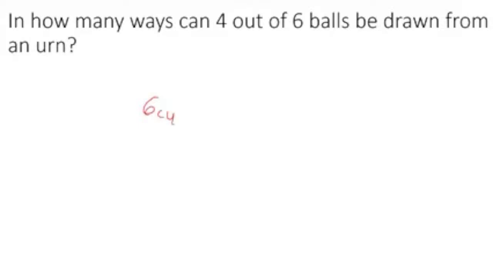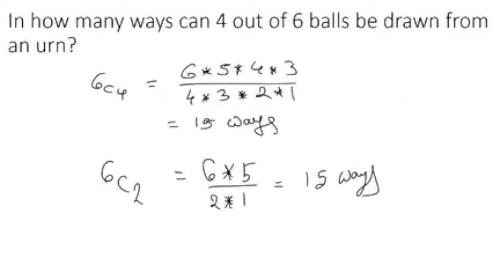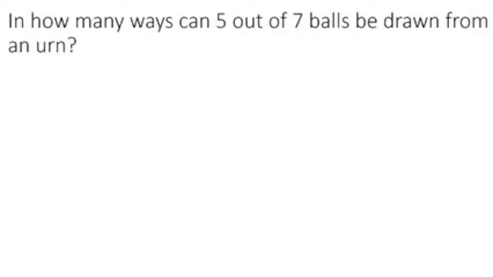So guys, 6C4 is nothing but 6C2, 6 into 5 by 2 into 1, which will be 15 ways. Guys, I hope you can see that 6C4 and 6C2 both have the same value.